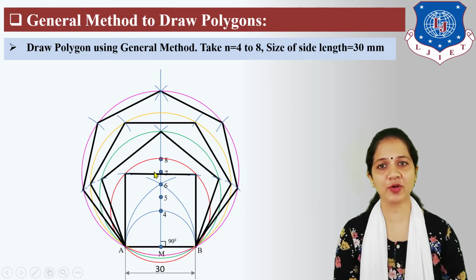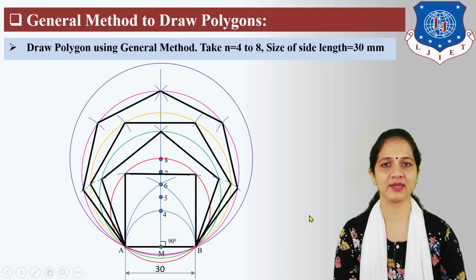Next, if you want to draw an octagon, then select center 8, radius 8A or 8B, and draw a circle. Take center A, radius 30 mm and cut one arc on the octagon circle. Similarly, cut an arc from center B, same radius 30 mm.